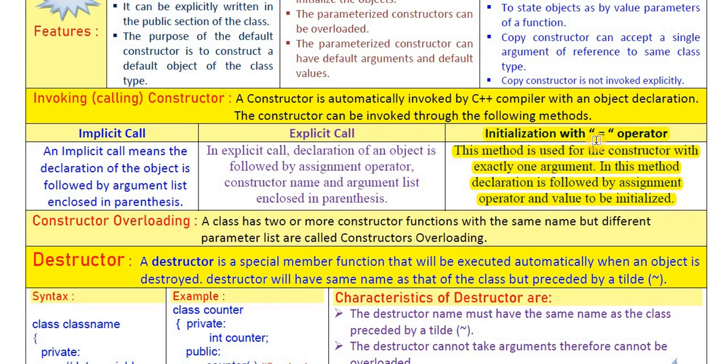If that constructor has two arguments, then this method will not work. So this third method will work when a constructor is using only one parameter or one argument. When declaring an object, after declaring it, we use the assignment operator and a value. Here you can see the example.